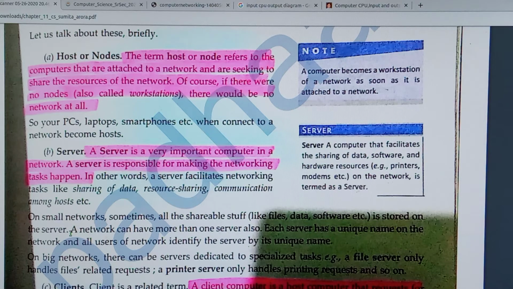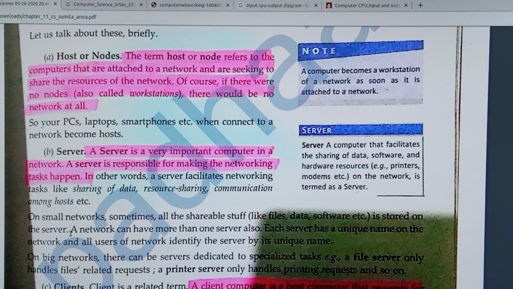So the shareable stuff is first kept inside that server, and the server has a unique name. Using this unique name, all other nodes or users in that network can easily identify the server and make requests to that server. This is only for a small network.